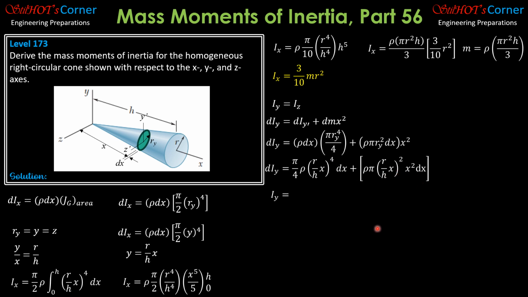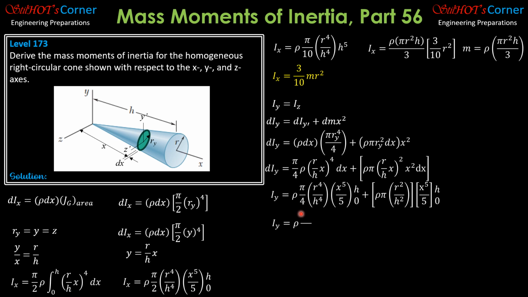Integral is x to the 5 over 5. So Iy equals density pi over 4 r to the 4th over h to the 4th times quantity x to the 5th over 5 from 0 to h, plus density pi r square over h square x to the 5th over 5 from 0 to h also.